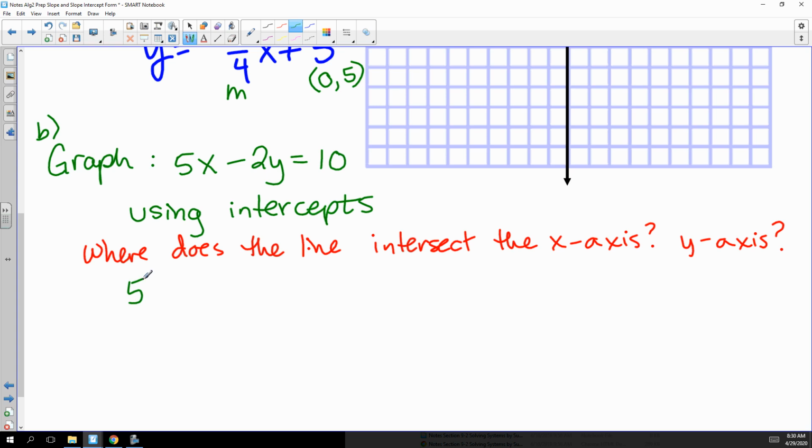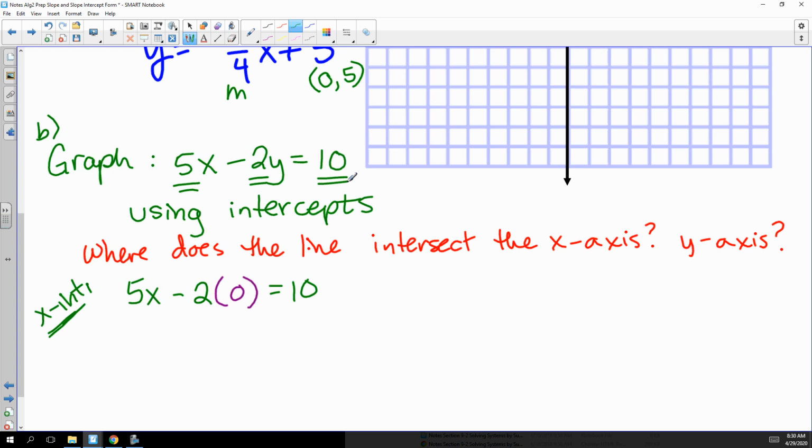So to find the x-intercept, we're going to substitute 0 in for y, and then we would solve. This is a really good time to use it when you notice that 5 and 2, the coefficients of x and y, both divide evenly into the constant, which makes it really easy to graph using intercepts. That's probably the time that I'm most likely to use that.